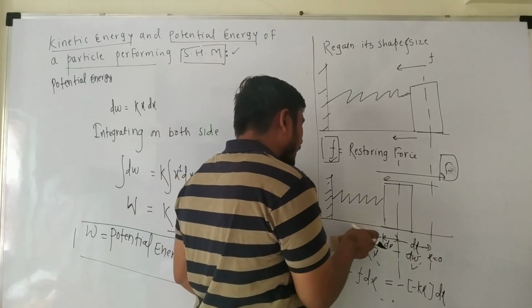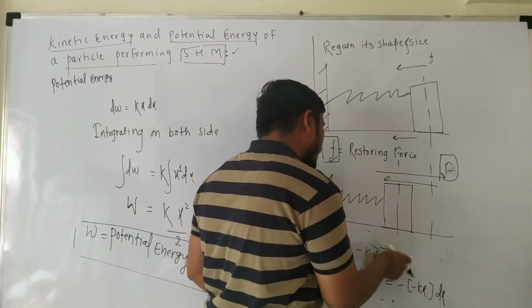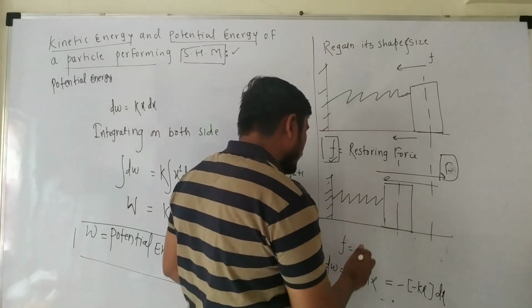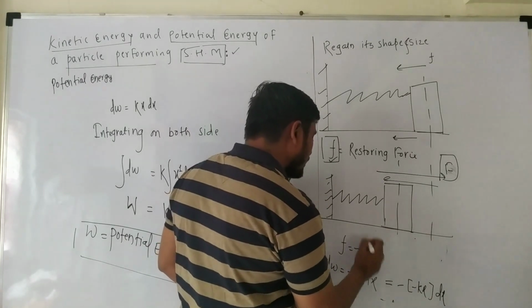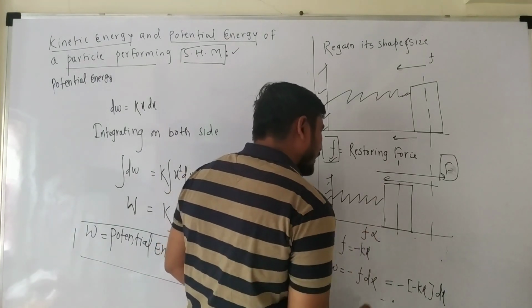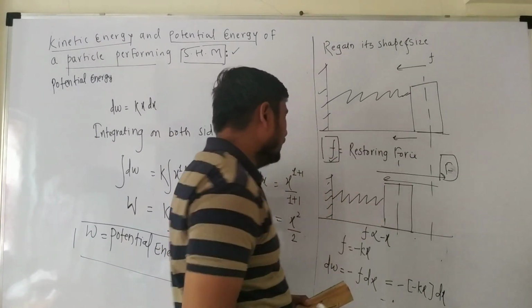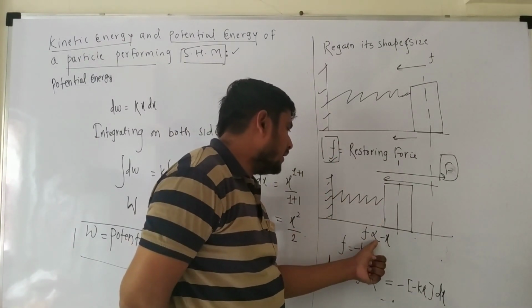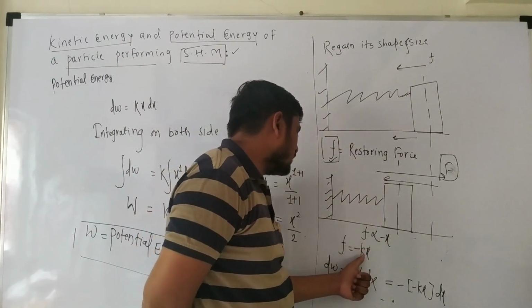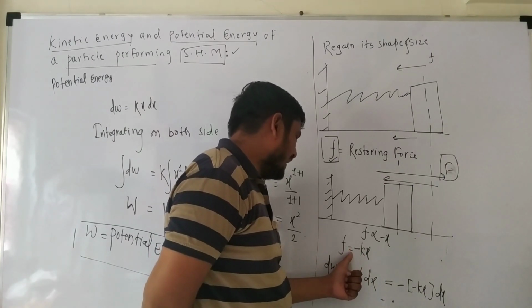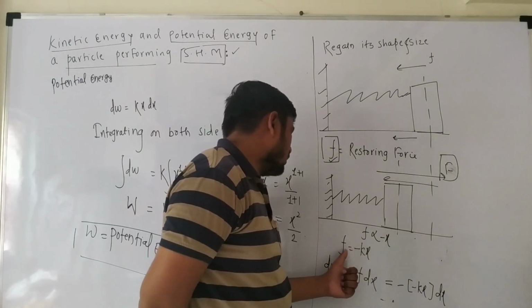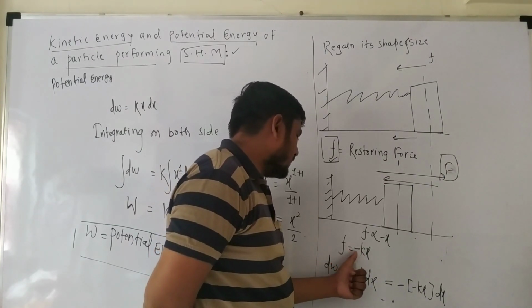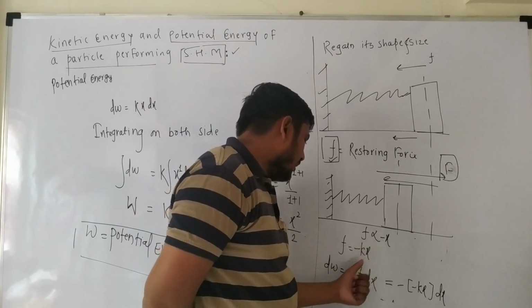But what exactly do we have as a force? Force will be equal to minus kx, because the restoring force is directly proportional to minus x, right? So F is directly proportional to minus x. I took a proportionality constant, replacing the proportional sign with an equal sign. So F will be equal to minus kx, right?